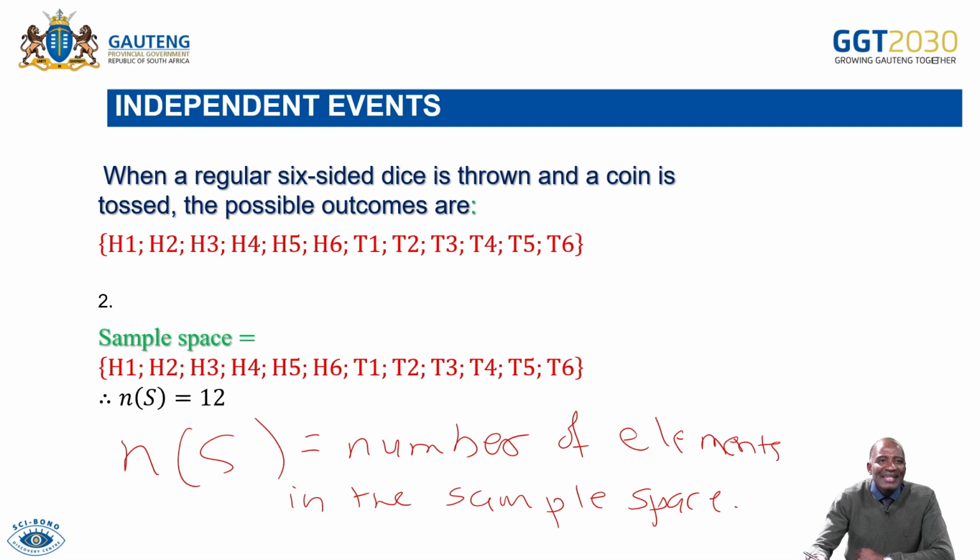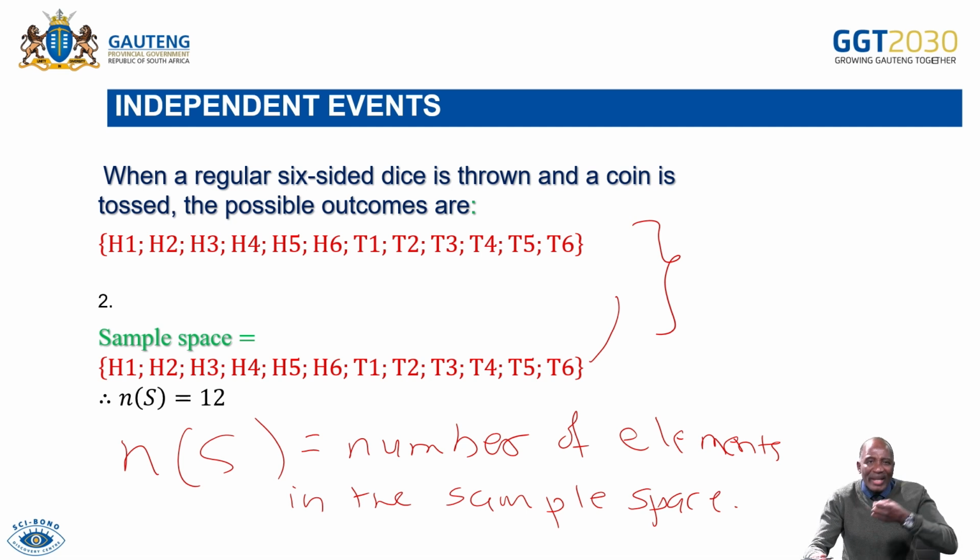We have collected all the outcomes from H1 up to T6 and put all of them together in line to identify them in set notation using this curly bracket. That curly bracket is a closed curly bracket. It's used for collecting elements.